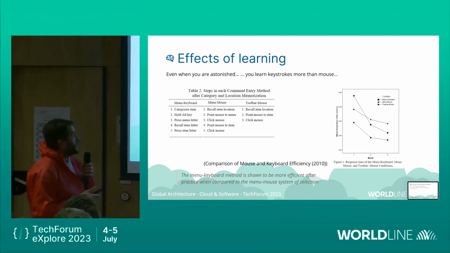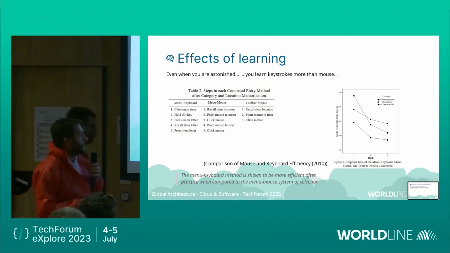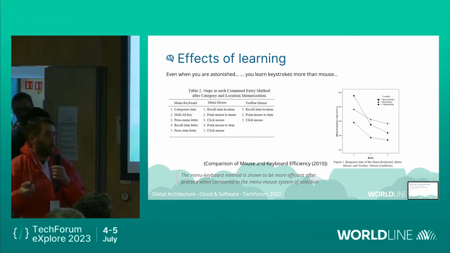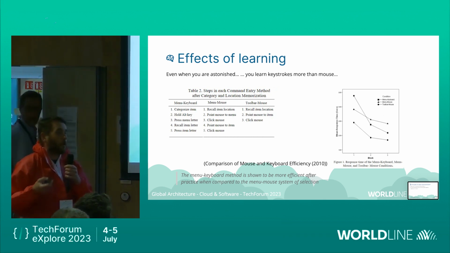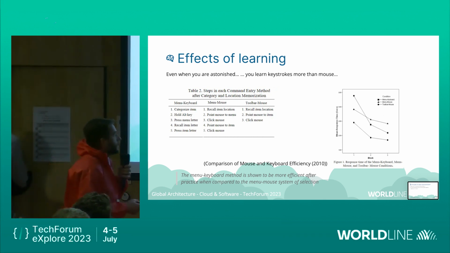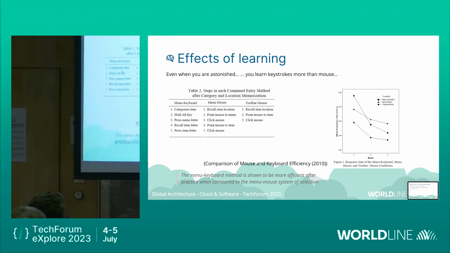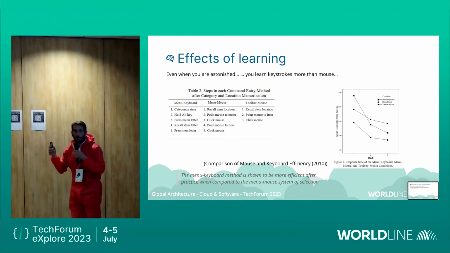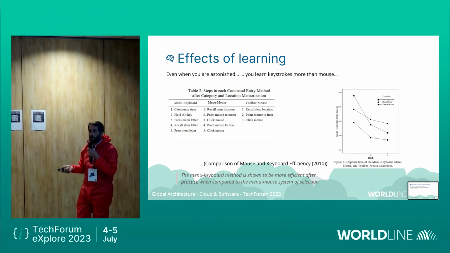This study begins to be quite more interesting. It basically says that you learn far more from keystrokes than from anything else. This is a study that asked people to repeat the same set of actions 3 times using toolbar, mouse-driven menu, and keyboard-driven menu.